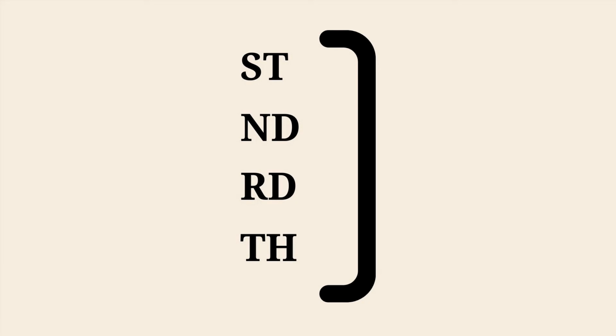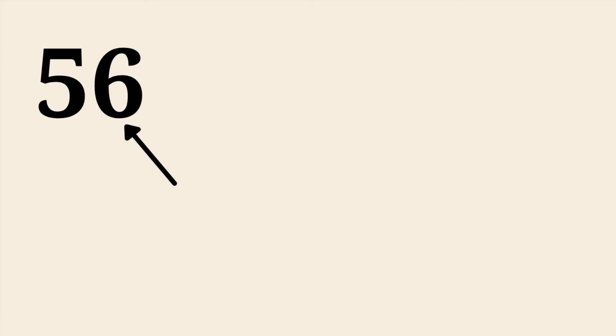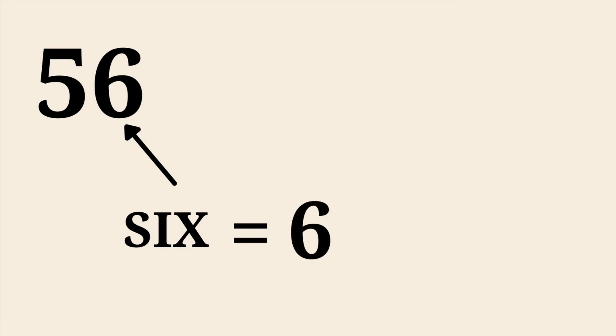So, if we want to change that to an ordinal number, we have to choose one of these, okay? Well, we know 6 is TH, 6th, and it's going to be the same, 56th. So we'll write TH there.